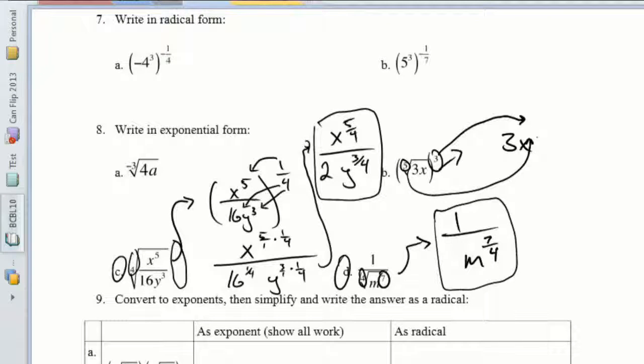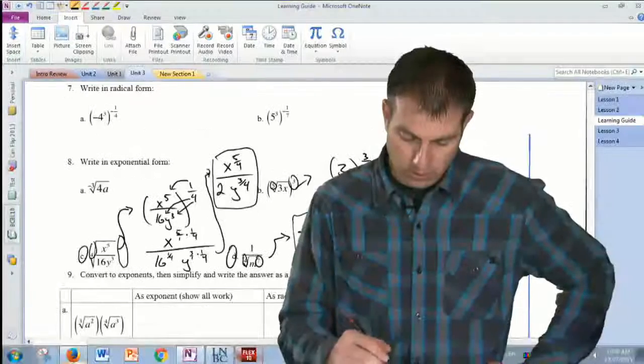So I'm going to rewrite it as 3 over 5. And I'm going to put everything in the bracket, 3 over 5. So that's converting from a radical form into our exponential form. Go back and forth on all those.